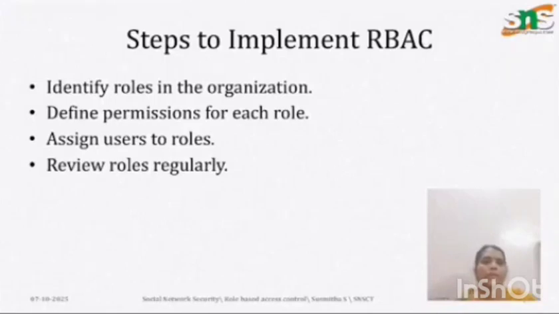For example, HR has permission over subordinates. Determine what each role can do, what actions each employee in a role can perform, such as read or write access and approving transactions.